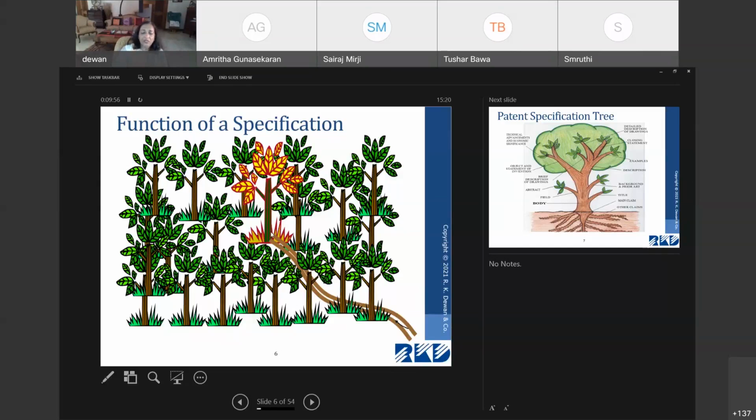However, my invention is totally different. It's novel, it is inventive, and therefore I'm going to write my specification in such a way that it is going to lead to my invention. So a person, in this whole jungle of things, is able to identify my invention by reading that content. So this path is like the content of the specification, which is leading to a very clear and succinct understanding of my invention. Does that make sense?